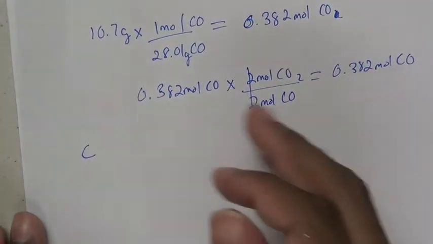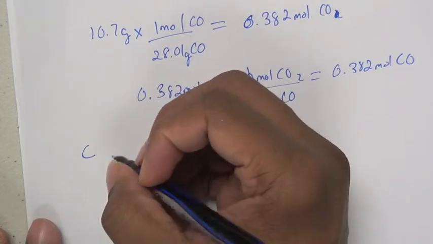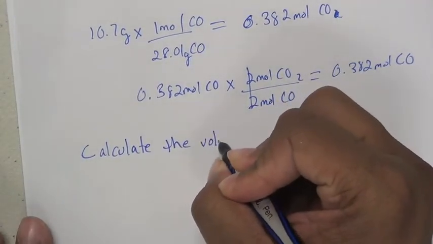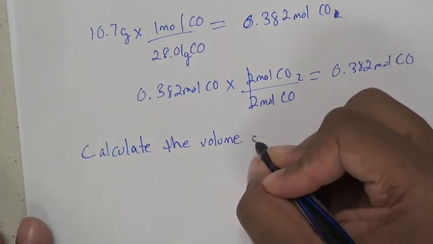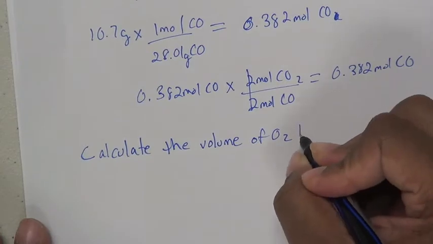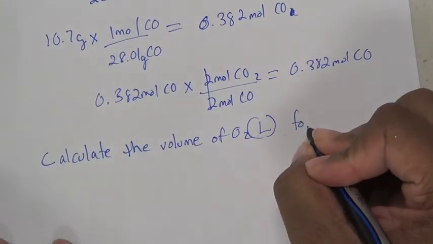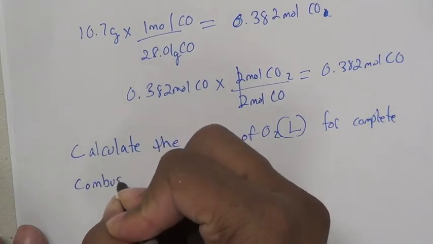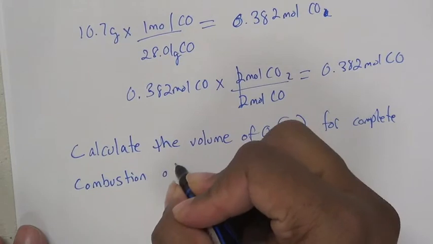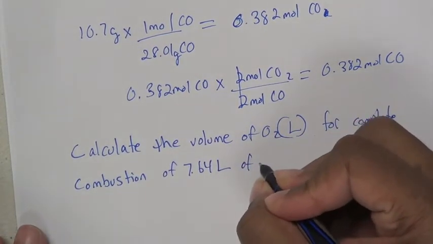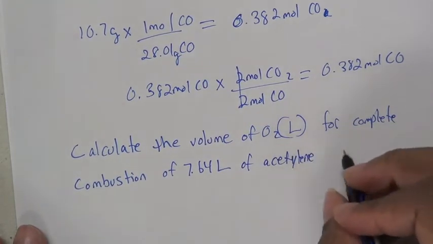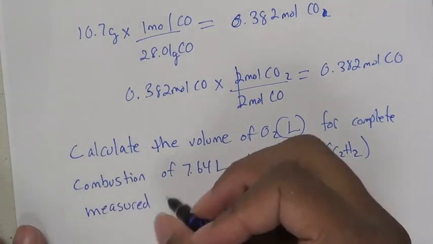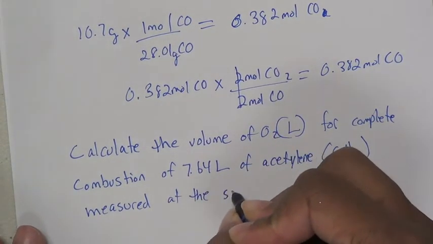It says: calculate the volume of O2, in liters of course, for the complete combustion of 7.64 liters of acetylene, C2H2, measured at the same temperature and pressure.